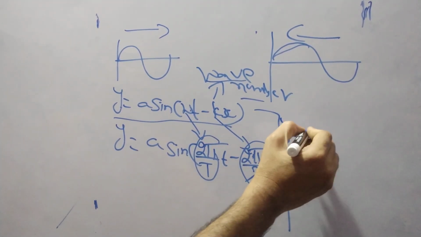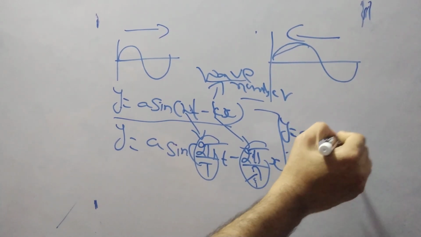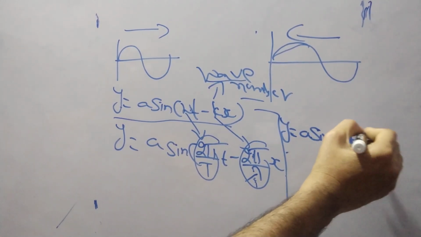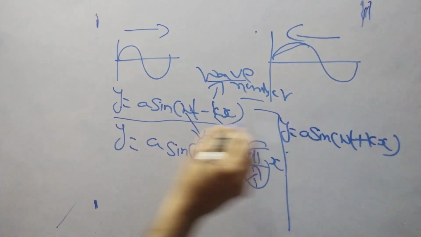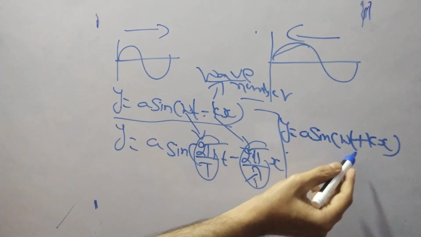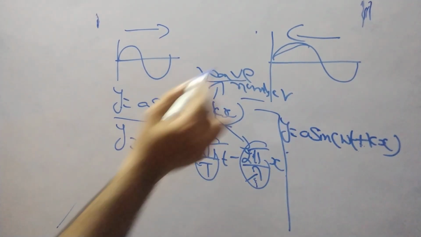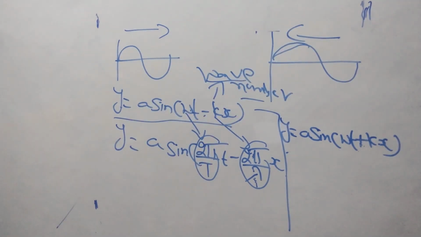So y equal to a sin (omega t plus kx). This minus becomes plus here because it is moving in this direction, right? Okay.